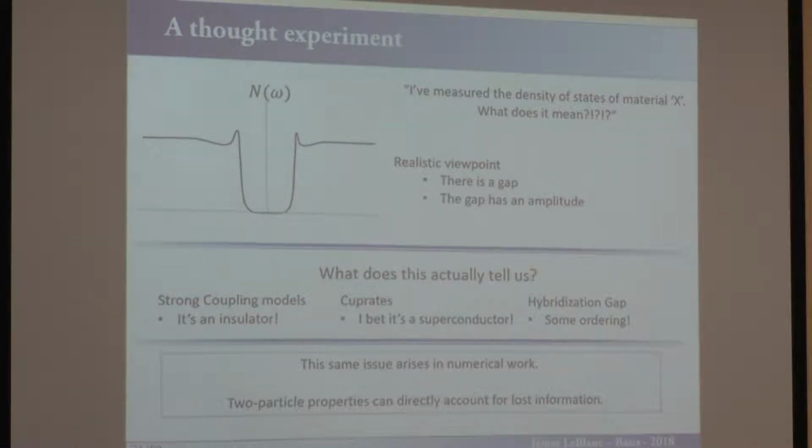I mean, all day I've been talking about insulating physics, right? So what this actually tells us is completely dependent upon your bias as to how you're going to interpret this. If you work on strong coupling models, you would look at this and you say, oh, that's an insulator. However, if you work on cuprates a lot, you'd see these little peaks up here, and you'd say, I bet that's a superconductor.